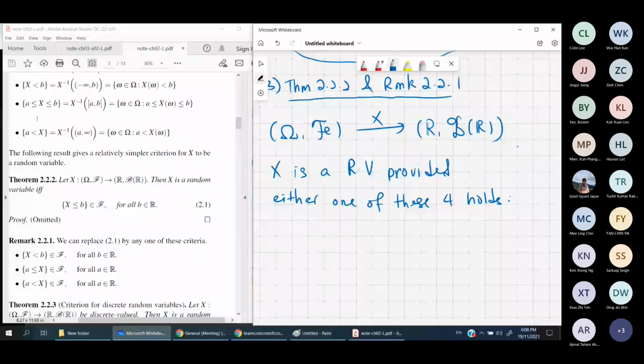The first one will be 2.1. That is X less or equals to B. This is an event, for any number B.